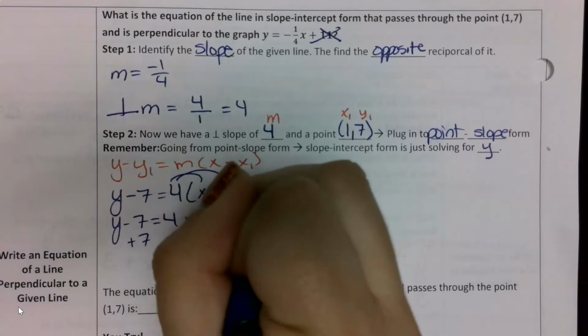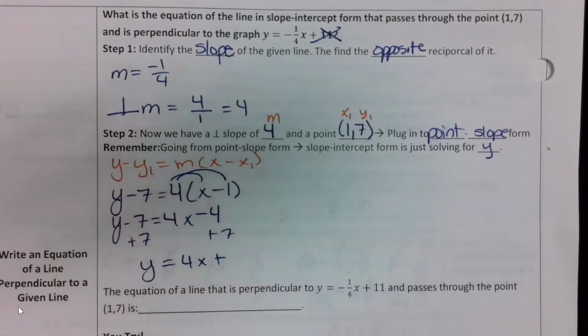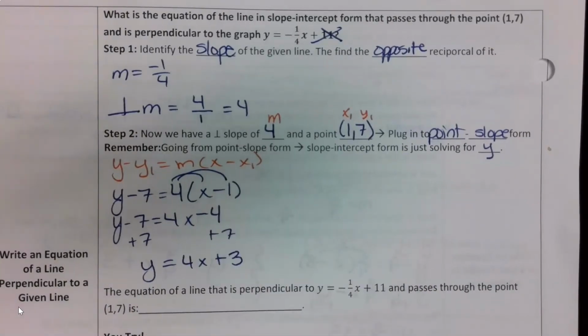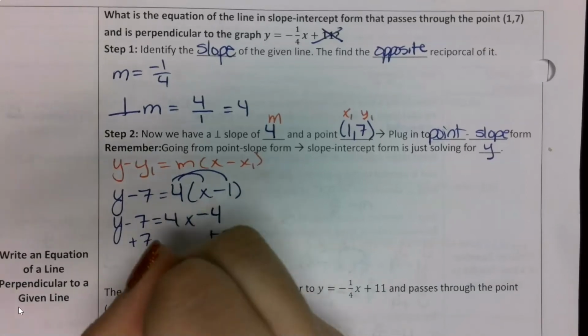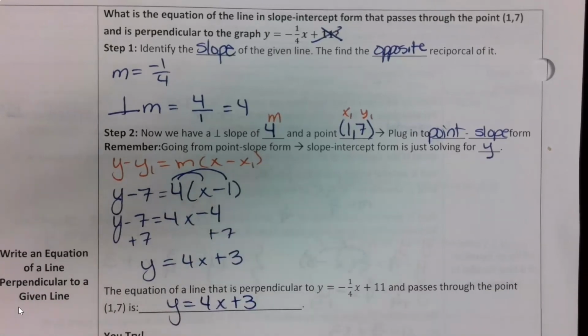Add 7 to both sides. So I get y equals 4x plus 3. So the equation of the line that's perpendicular to y equals negative 1/4 x plus 11 and passes through the point 1, 7 is y equals 4x plus 3.